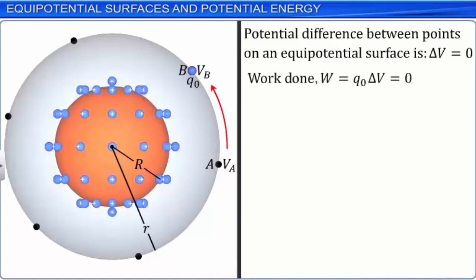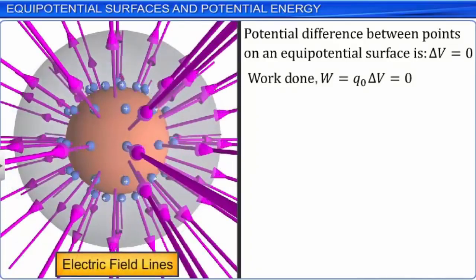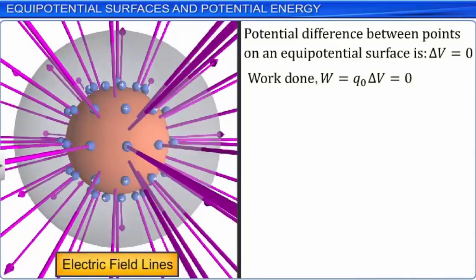The equipotential surface at a point is always normal to the electric field at that point in the electric field for any charge distribution. Let us now look at some examples of equipotential surfaces.